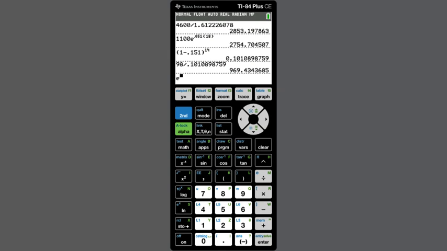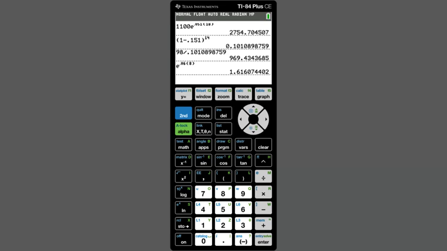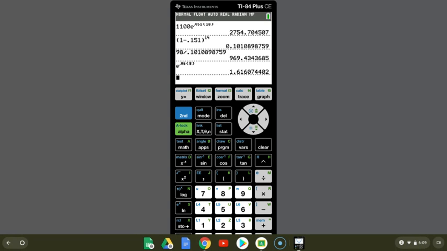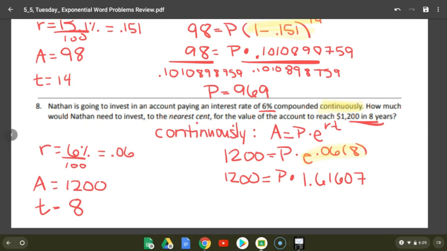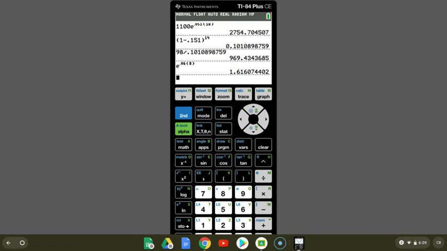LN, third button up on the left, right next to the 4. And we have 0.06 times 8. Entire decimal again, 1.616074402.